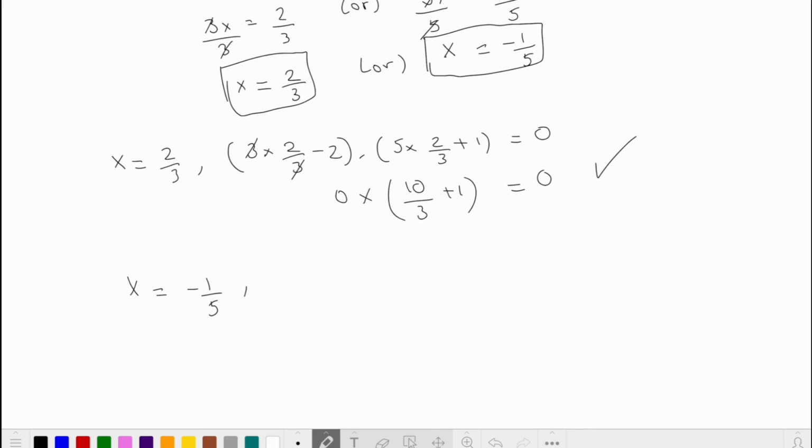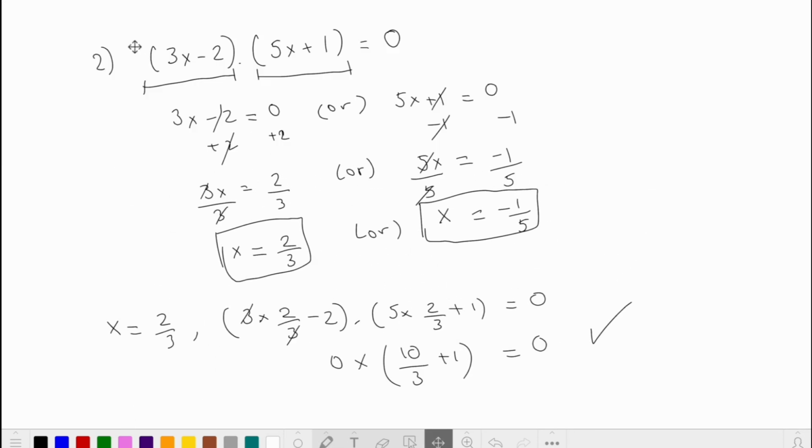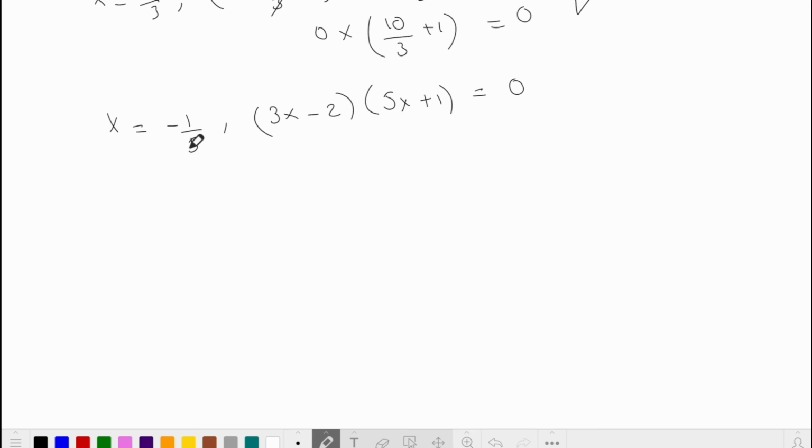And the next case is when x is equal to negative 1 by 5. Let's plug it into the equation 3x minus 2 and 5x plus 1. So let's plug in x as negative 1 by 5. So 3 times negative 1 by 5 minus 2, 5 times negative 1 by 5 plus 1 is equal to 0.